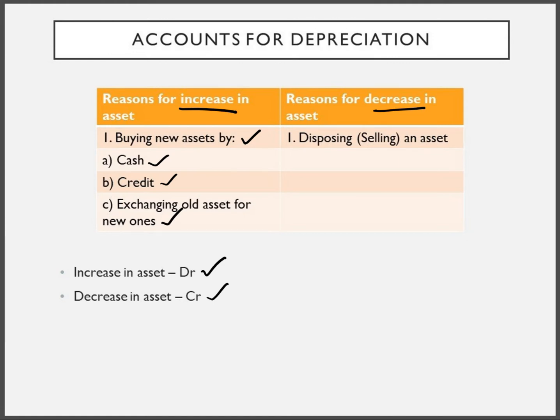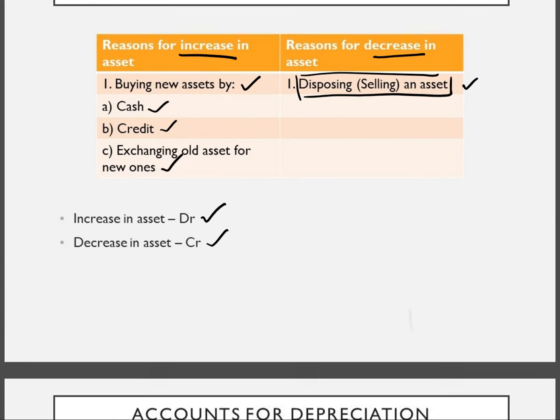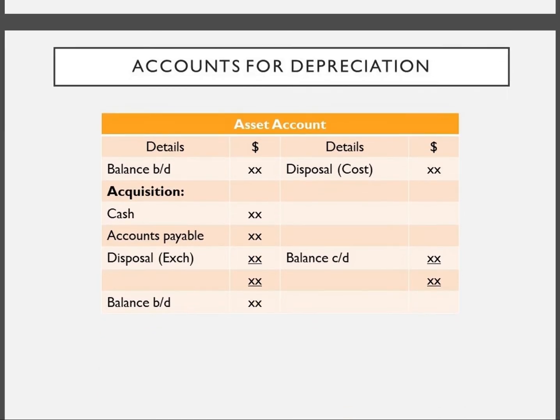There are no other ways to increase the assets. On the other hand, assets will decrease when we dispose of the asset or sell the asset to someone else. Now moving on to the account.